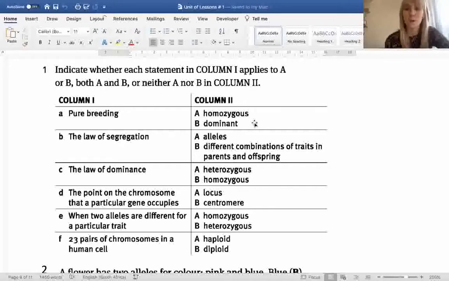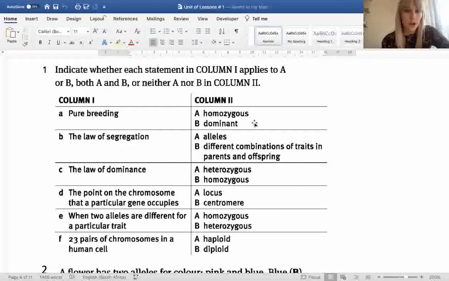Okay, so number 1 says, indicate whether each statement in column 1 applies to A or B, both A and B, or neither A nor B in column 2. So in column 1, A, pure breeding.